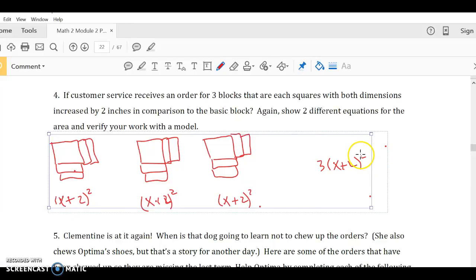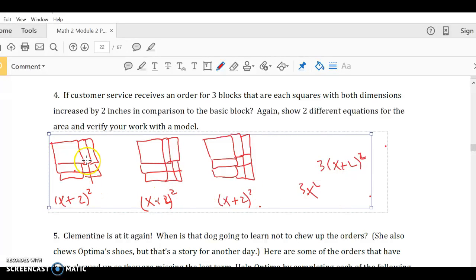But the one thing we have to keep in mind is how many did we have to add in here. So basically, this is one expression, but the other expression would be, you have your 3x squared.